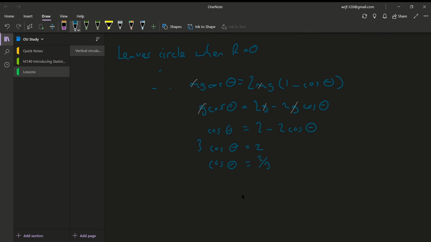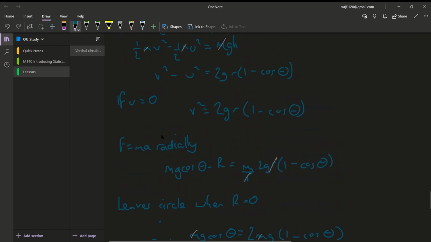And if we just work out the inverse cos of 2/3, that gives us theta being an angle of 48.2 degrees. And remember that this is dependent on the fact that we started with no speed at the top of the circle.